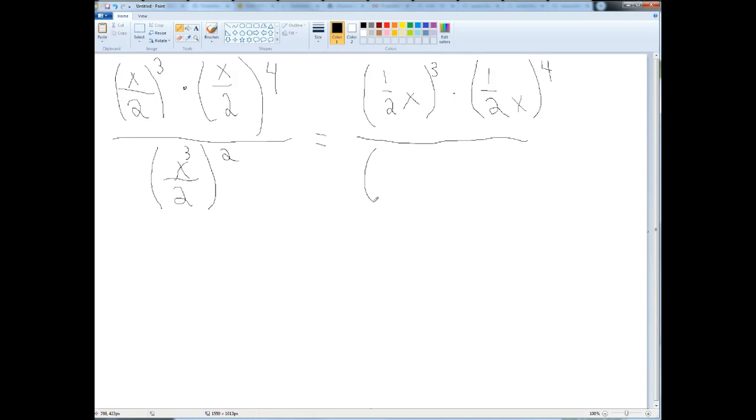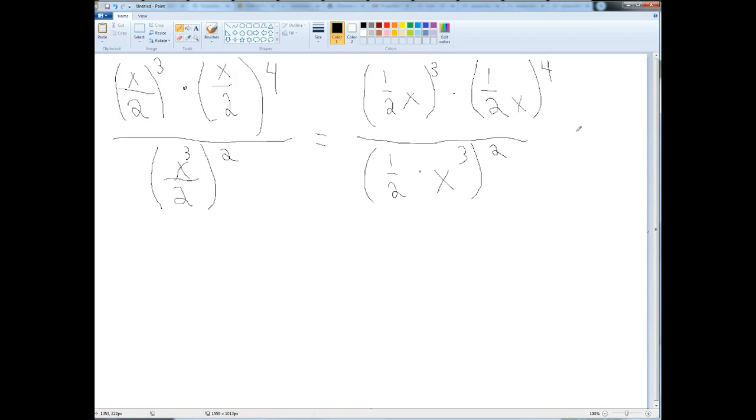So this x to the power of 3 over 2, we're going to change to 1/2 times x to the power of 3. Keep all of that in your parentheses, and then all of that is going to be squared.